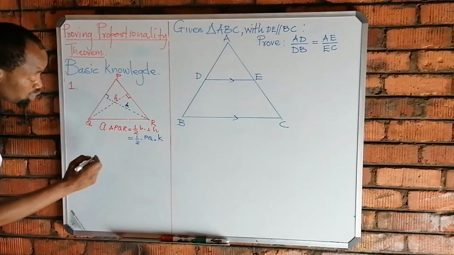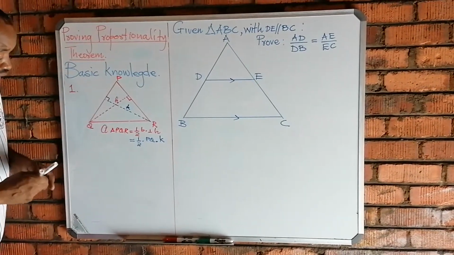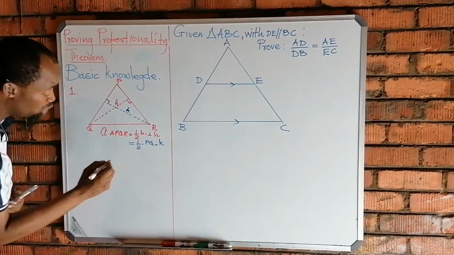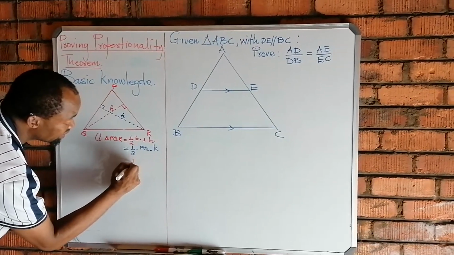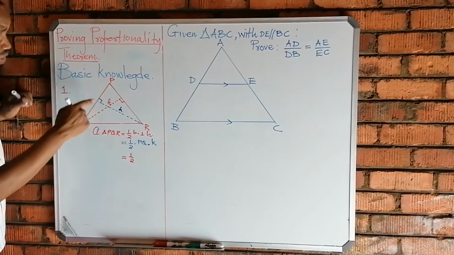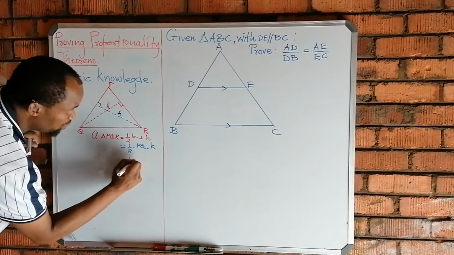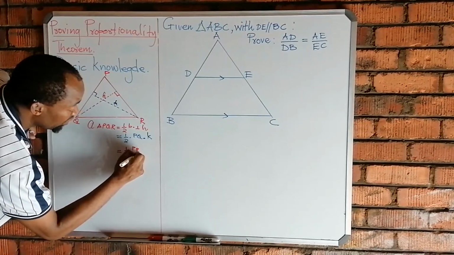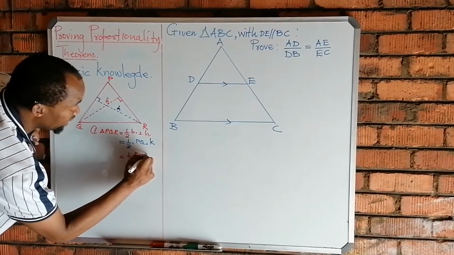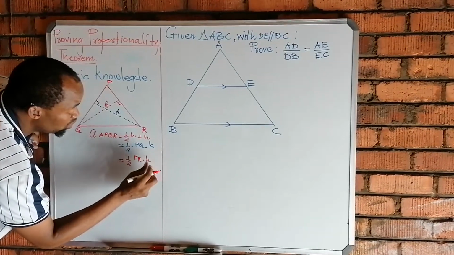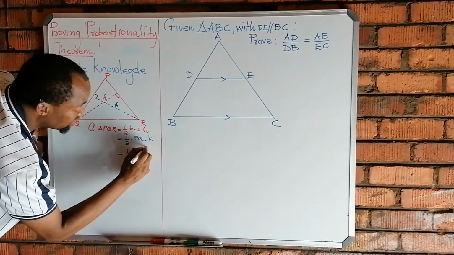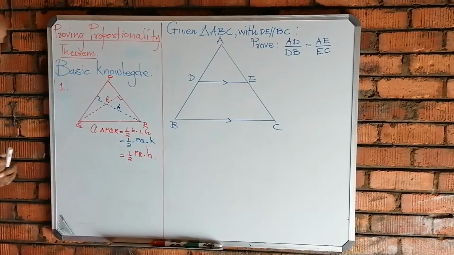I can also say area of this triangle PQR is half, I have the base PR multiplied by the perpendicular height, in this case, would be H.